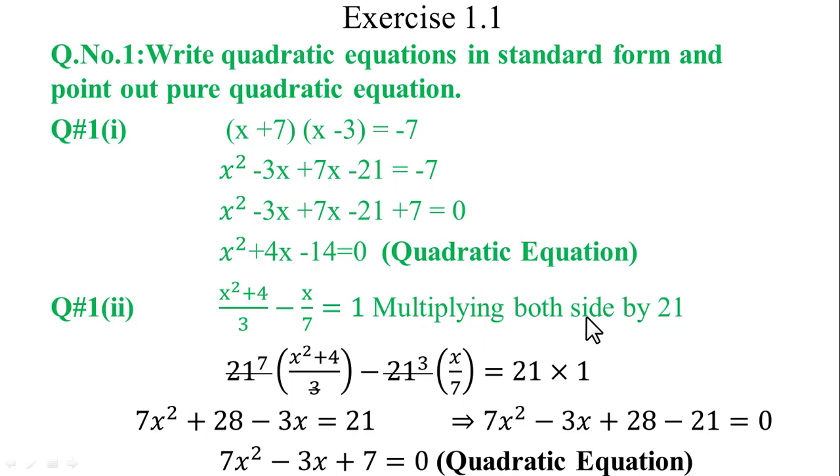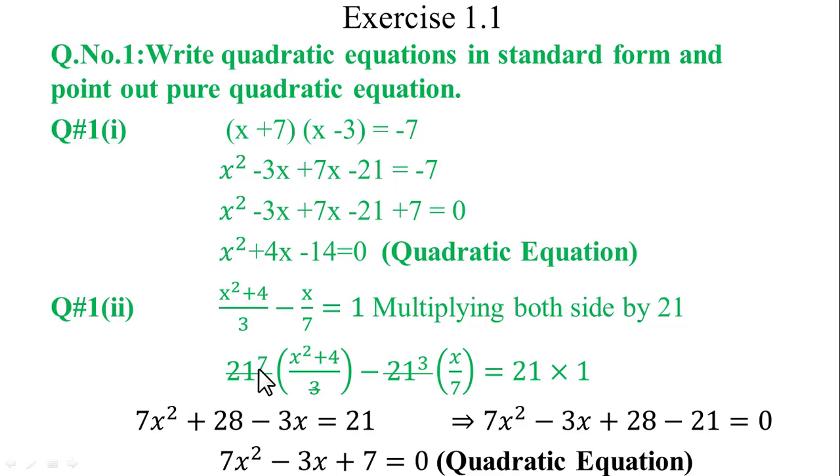So multiplying both sides by 21, we have 21 into (x square plus 4) divided by 3 minus 21 into x upon 7 is equal to 21 multiplied by 1. 7 threes are 21 and 3 sevens are 21.